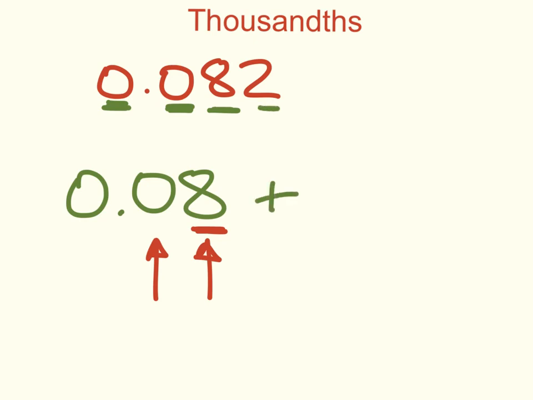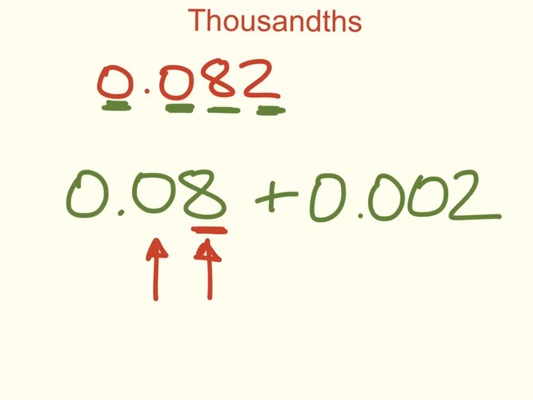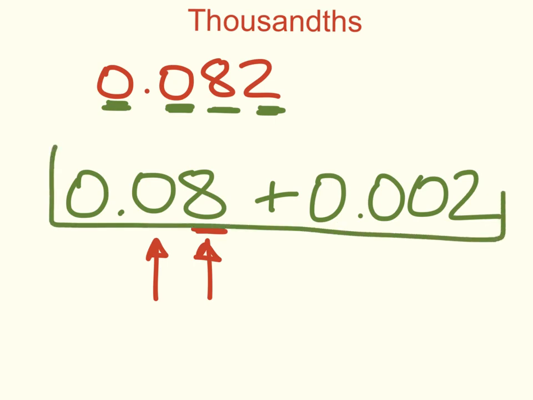Plus, there's a 2 in the thousandths, so I'm going to write that as 0.002. And this is my answer for writing the number in expanded form.